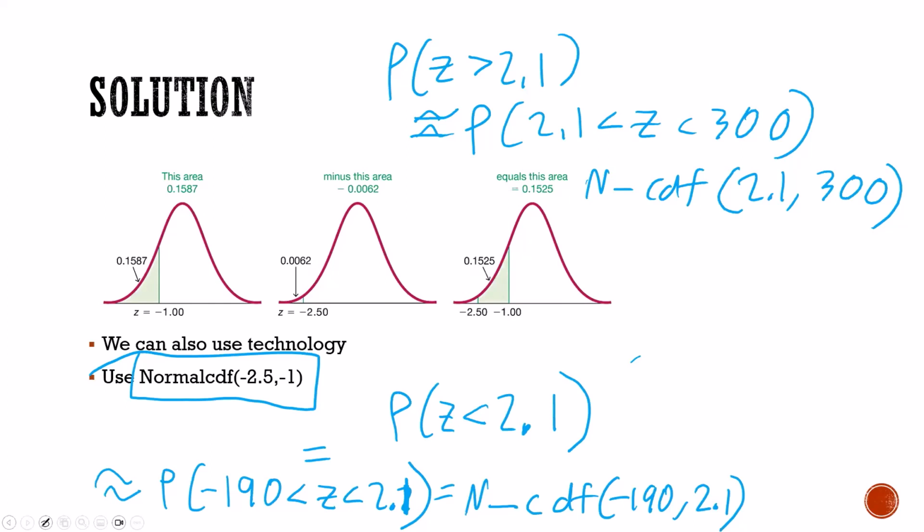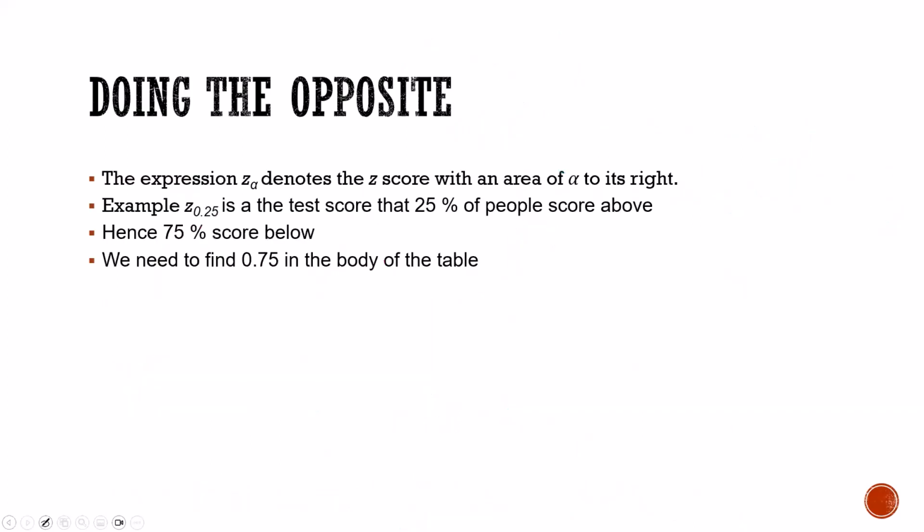So my next slide is titled Doing the Opposite. Let's think about what I mean by that. Don't write this down yet, just think about what I'm saying. So far, I give you a z-score, and you find a probability, an area, right?